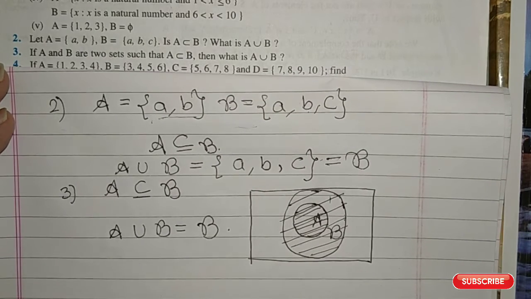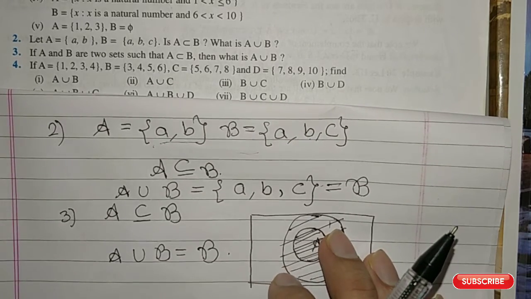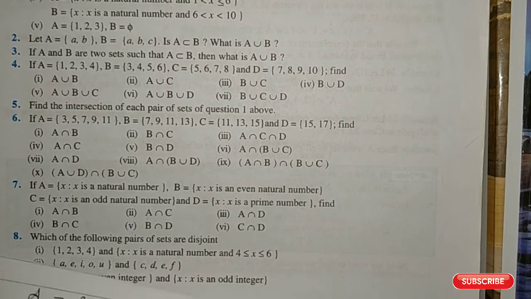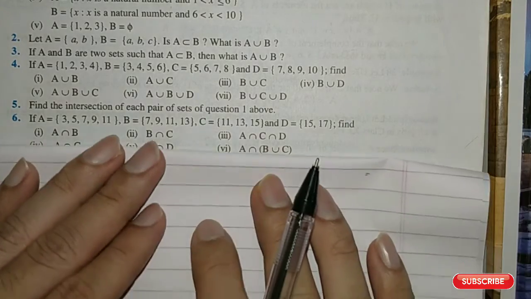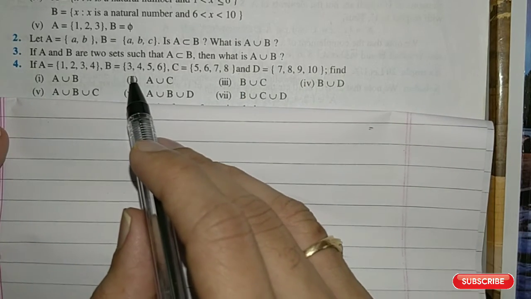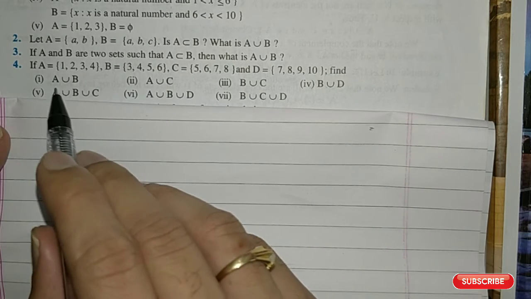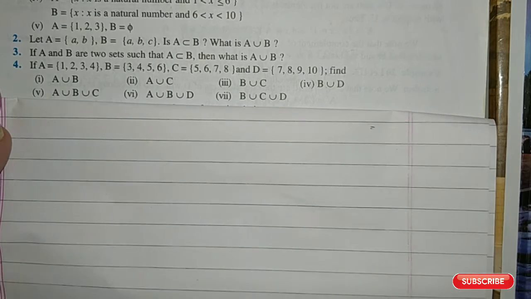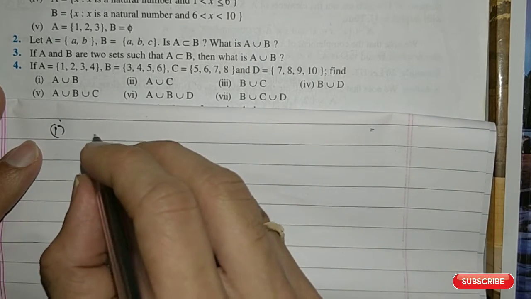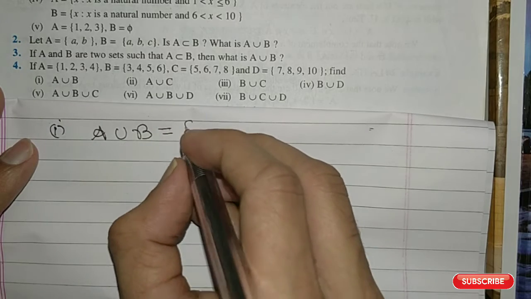Okay, now let us go to the fourth problem. There are 4 sets given: A, B, C, and D. First let us find the answer for the first part. You have to find A union B. So what will be A union B?